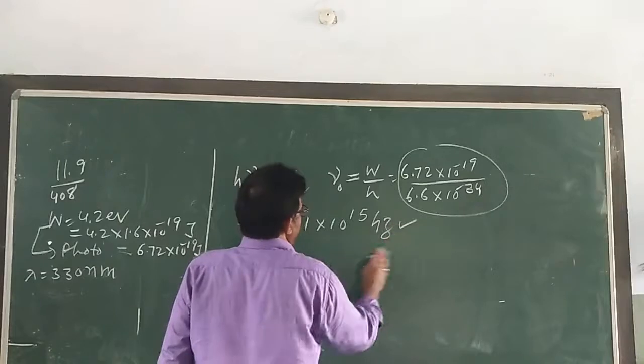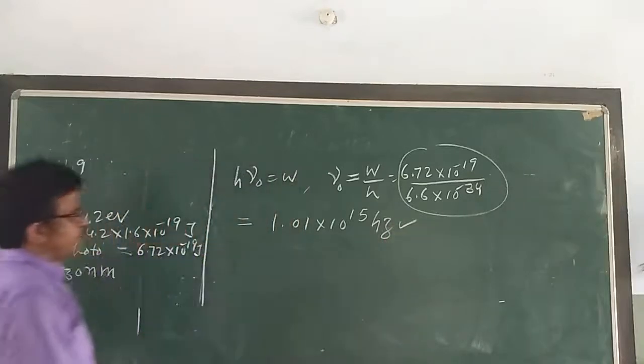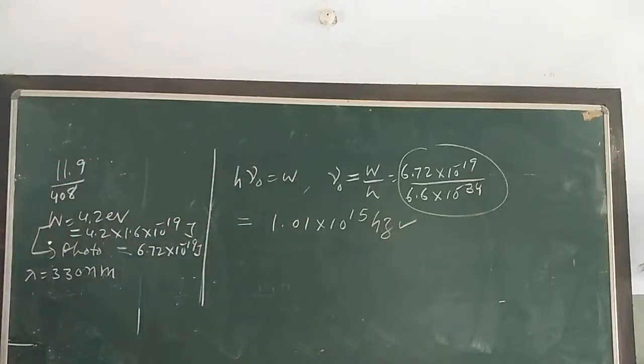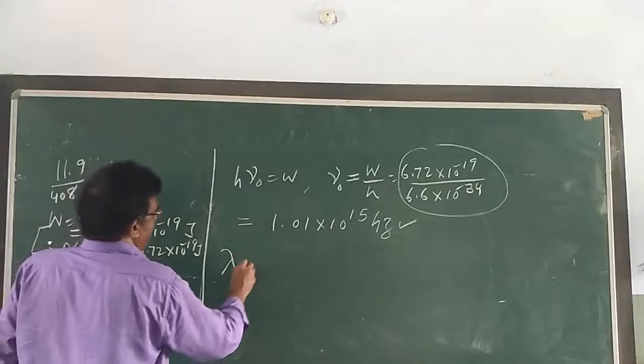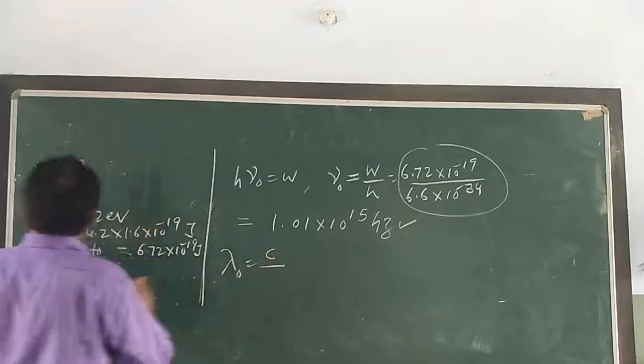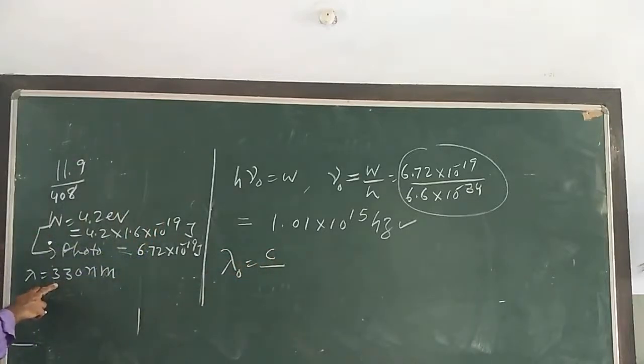This is the value here. Now, if you want to find out the wavelength, lambda naught equals c by nu naught.